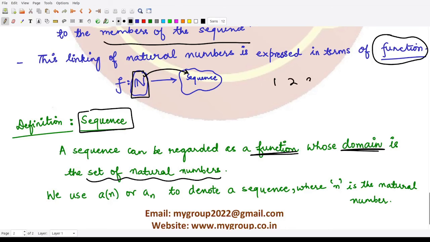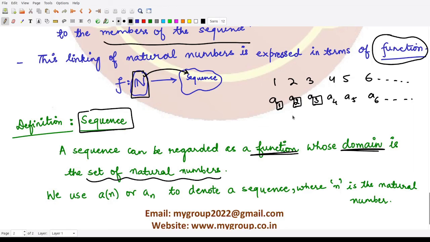So for 1, 2, 3, 4, 5, 6 and so on, we have some number of the sequence which we call a1, a2, a3, a4, a5, a6 and so on. The values of a1, a2, a3, a4, a5, a6 could all be different, but each has one index associated with it, which is nothing but a natural number, and this is how we define a sequence.